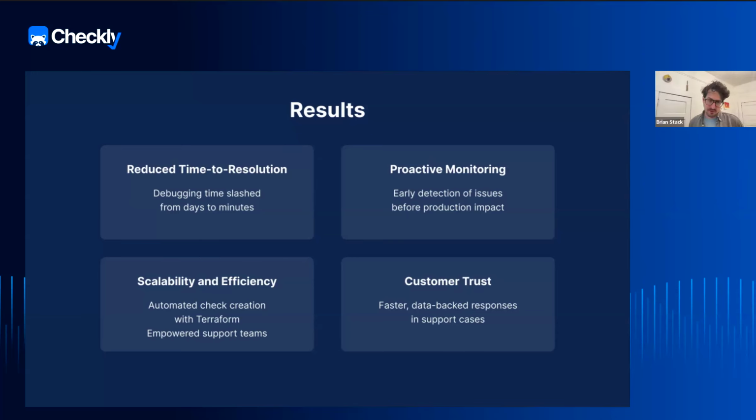So with the reduced time to resolution, some things, the previous time would be infinite, and so it's infinitely faster. We recently caught, before it became an issue in production, in staging with Checkly checks, that somebody had accidentally modified a firewall rule. If that had made it to prod, it would have been a very dangerous thing.